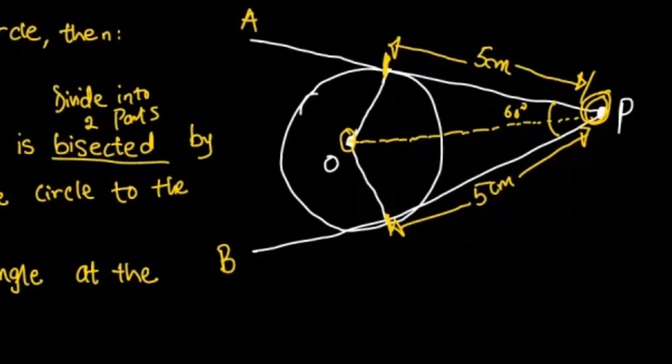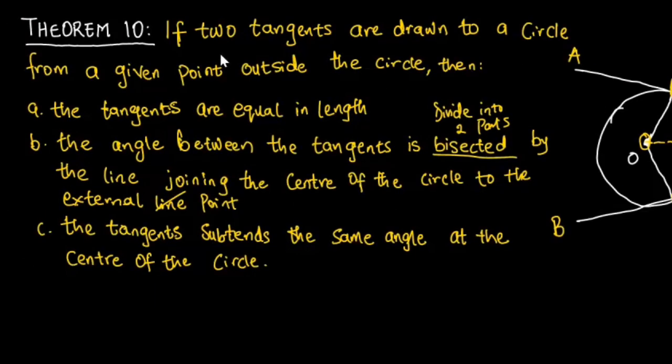So when we take a line from the center to that external point, that line is going to bisect, or divide, that angle into two halves. If this is 60, the full angle, then half will be 30, and that part will also be 30 degrees. Lastly, the tangents subtend the same angle at the center.